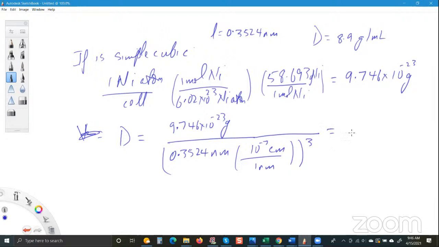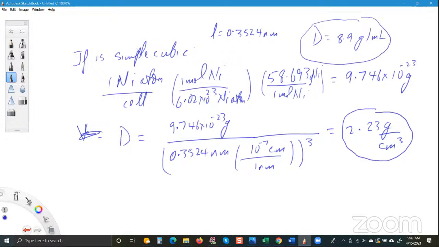And when we do that calculation, according to my calculation, the answer for the density of nickel, based on the information provided, is 2.23 grams per cm cubed. All right. And if you compare this density to this density, you see that they're not the same.